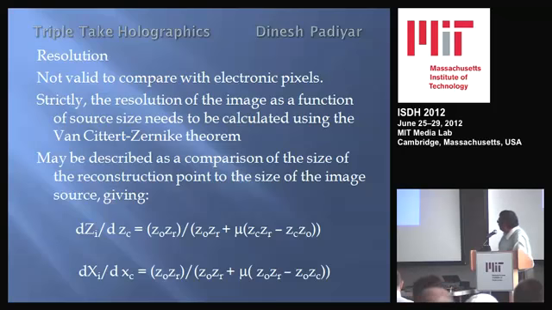To do this properly, you need to take the Van Cittert-Zernike theorem, and you need to determine what the spatial coherence of the source is with respect to the plate. But we can do a simple back-of-the-envelope calculation with what we've already got, because the rate of change of the image point with reference to the rate of change of the source size gives us this for the longitudinal and the lateral resolution. So there's almost a quick and dirty method of getting resolution.